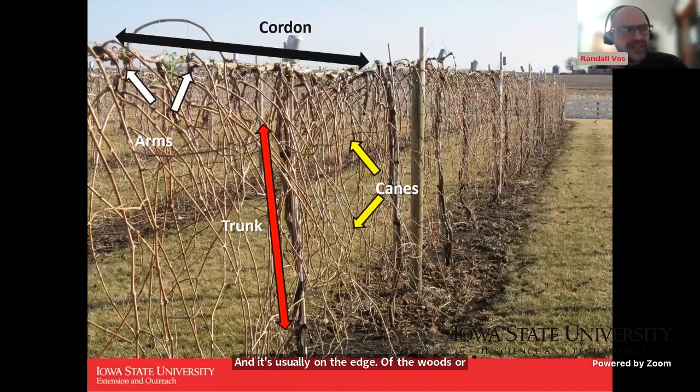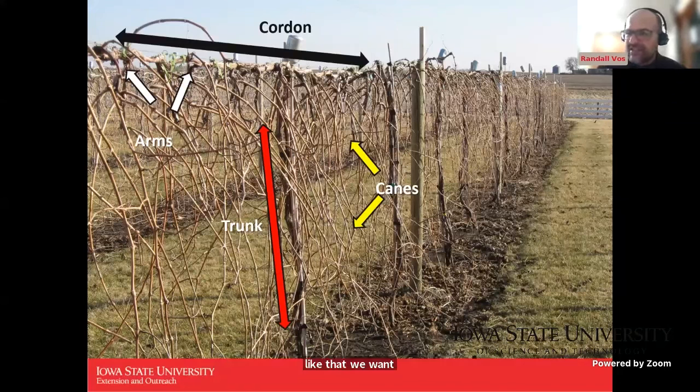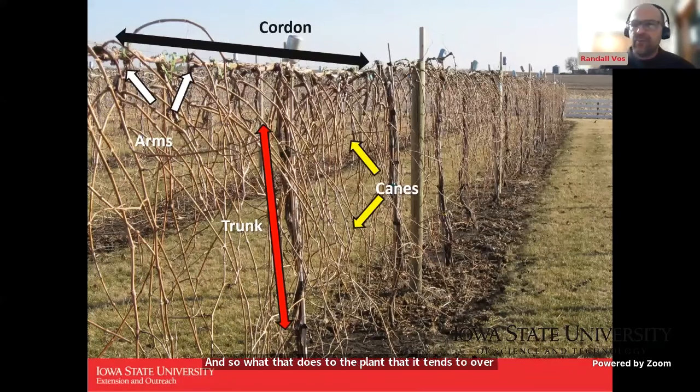In nature, only a small part of that plant is really exposed to sun, so very little of it actually produces fruit. When we put it on a trellis or a pergola, we want lots of exposure, and so the plant tends to overproduce, so to speak, if we don't prune it aggressively, unlike in a wild situation where just a small percentage of the plant is in the sun.